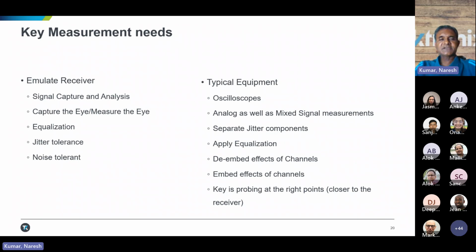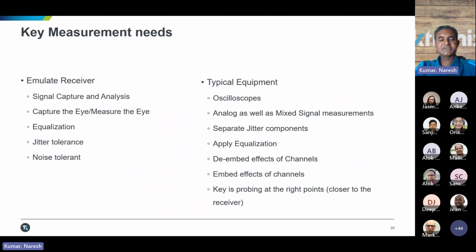Capture the eye, measure the eye is something which probably the receiver doesn't have to do. But in your case, the equipment is here to make sure that your signal is received properly. And as we look at the eye, we know that a receiver can decipher the signal correctly. A 1 is a 1 and a 0 is a 0. So we need to be able to measure the eye.